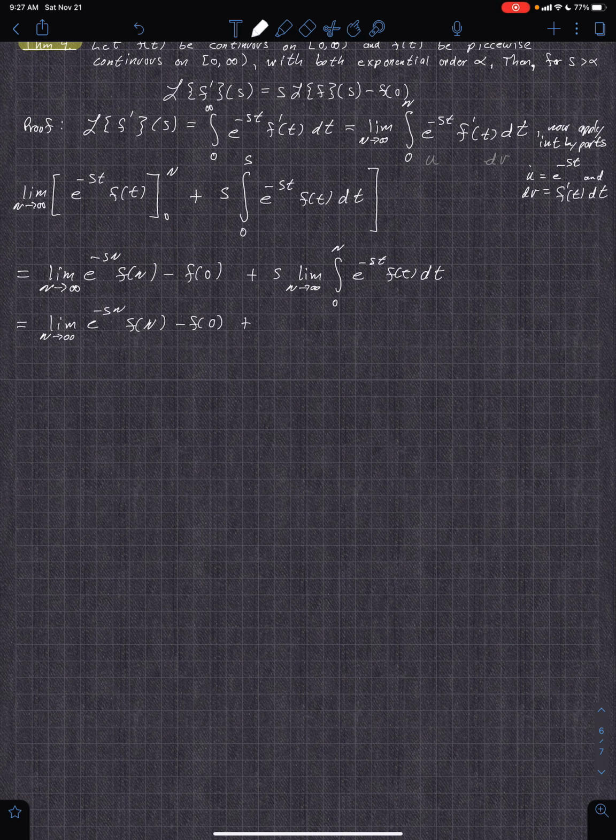And so this is just the Laplace transform of f of t of s. So once you get to here, then this is just the Laplace transform.